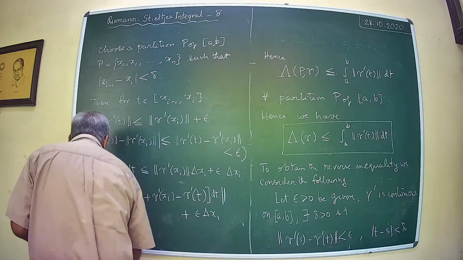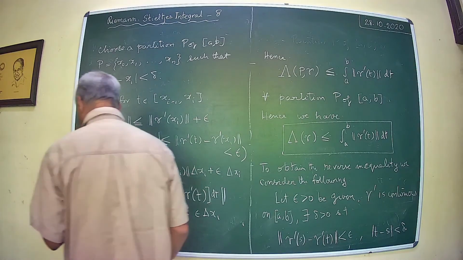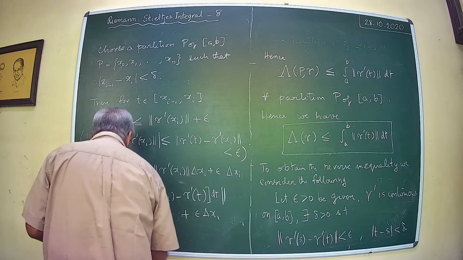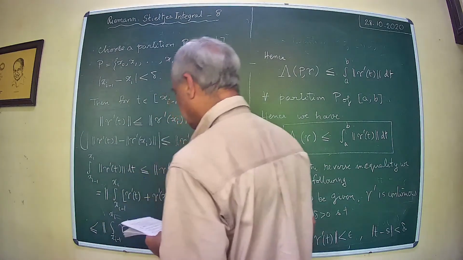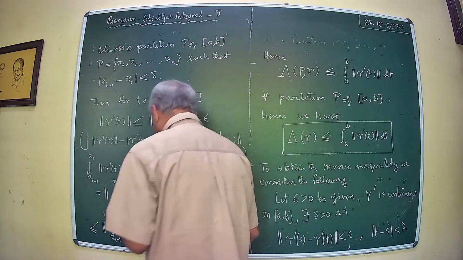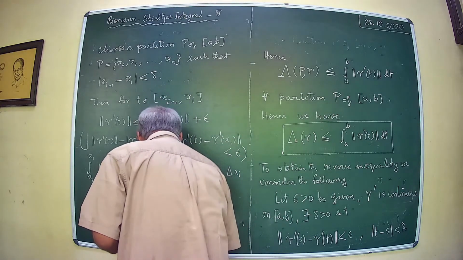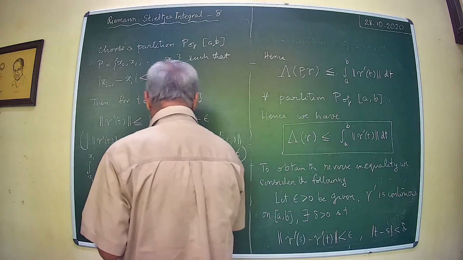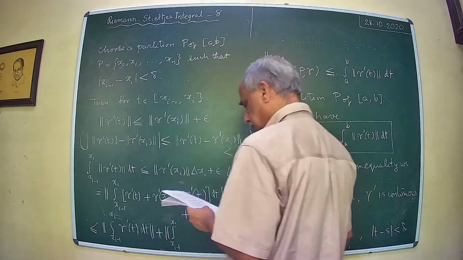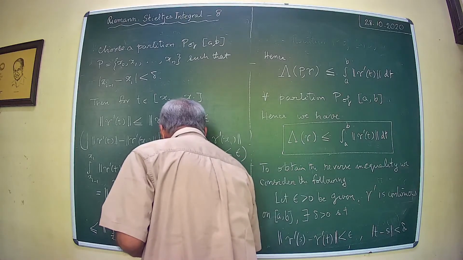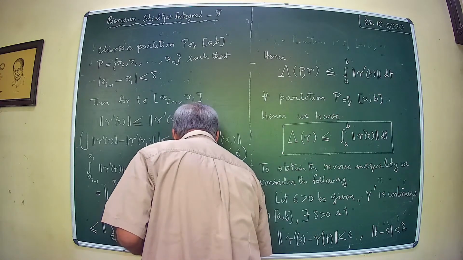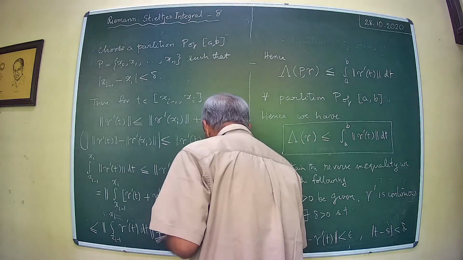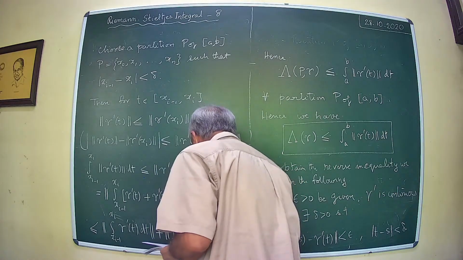Integral xi, gamma prime t dt, plus, just like before, the norm, plus the norm of the integral from xi minus 1 to xi of this part, gamma prime xi minus, plus epsilon.